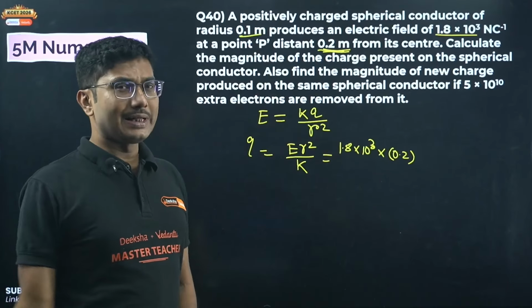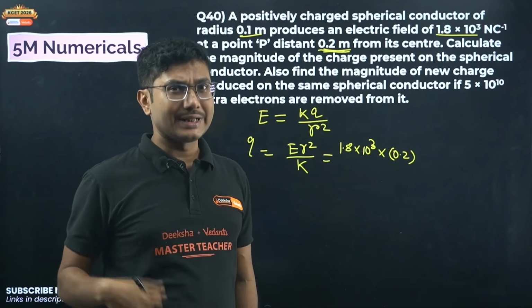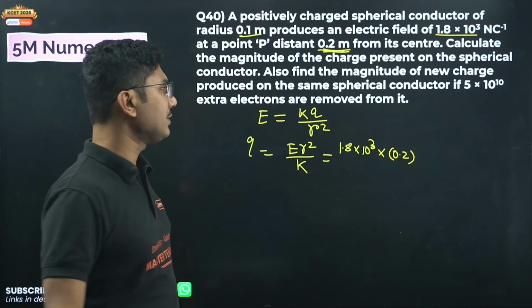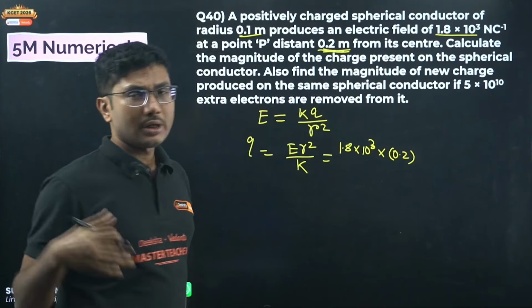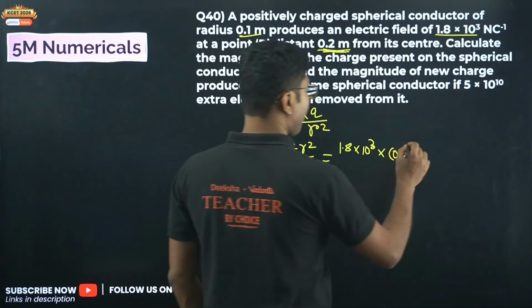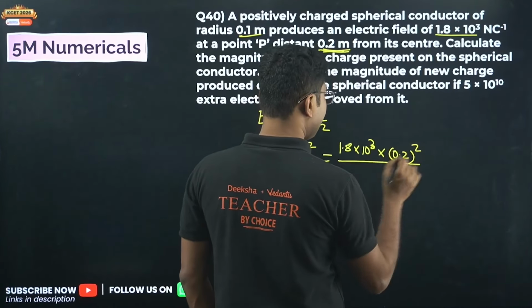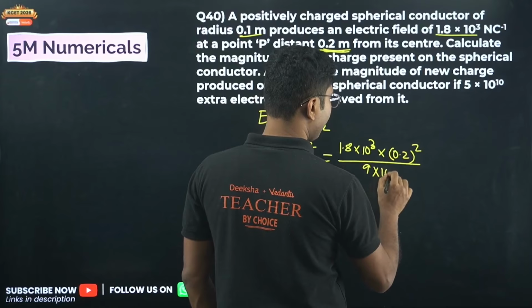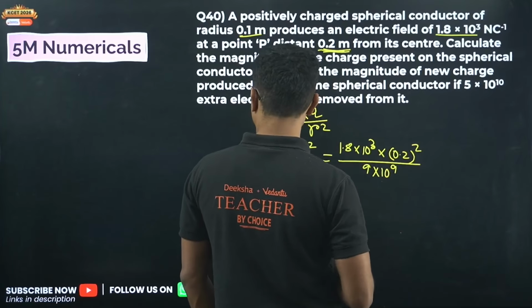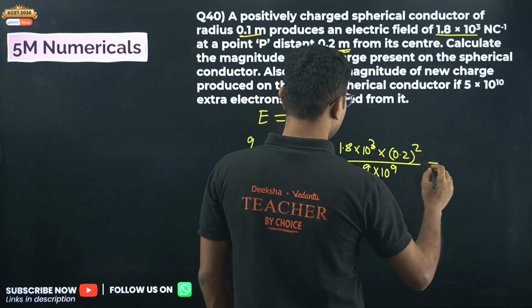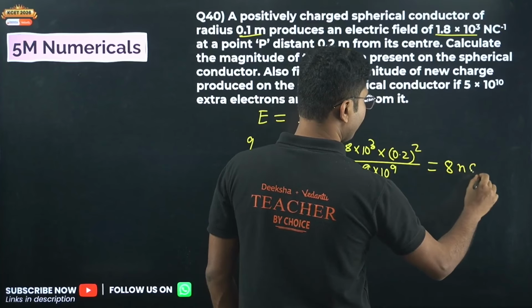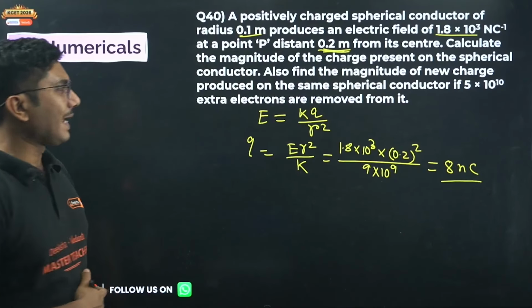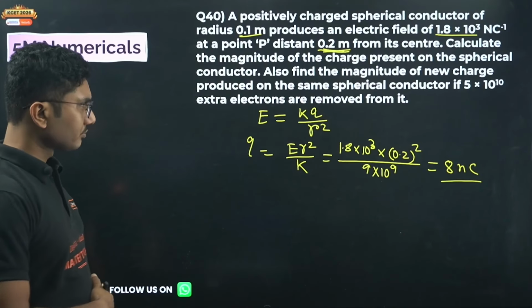Radius hardly plays any role. For example, in the last question it did play a role to calculate the total charge. Otherwise, radius you only have to check whether it is outside or inside. Divided by K, which is 9 into 10 to the power of 9, you will get 8 nanocoulomb.